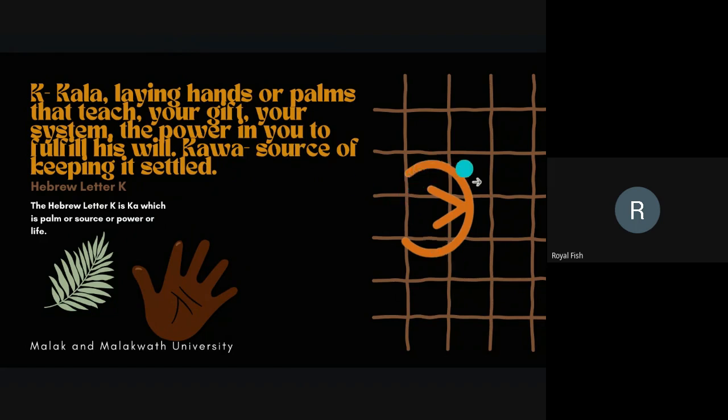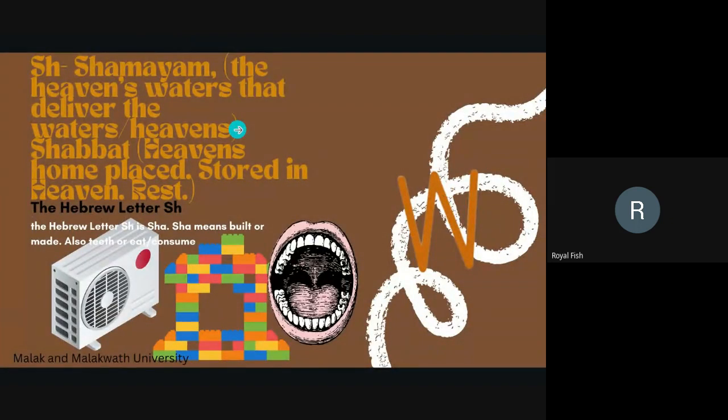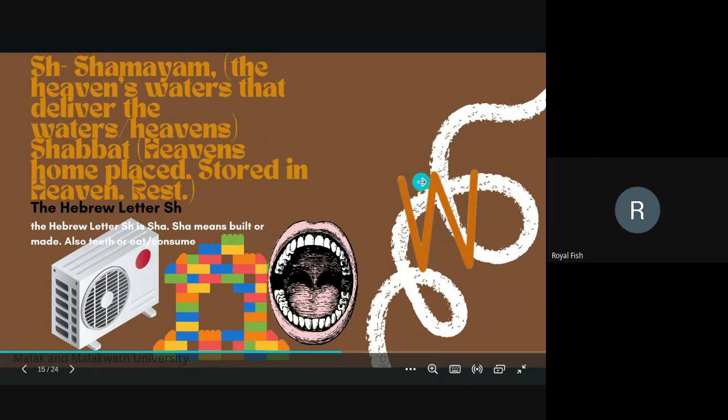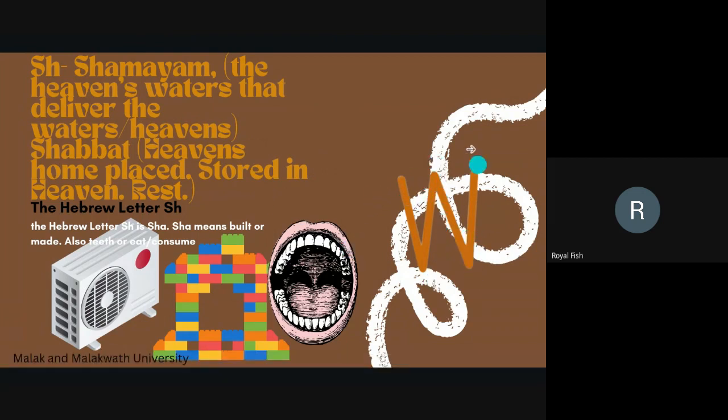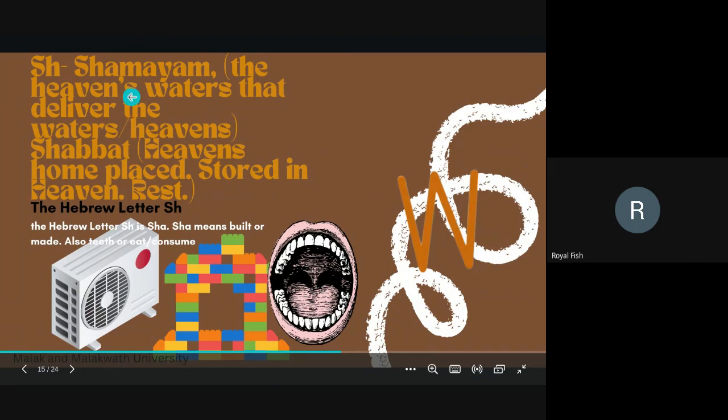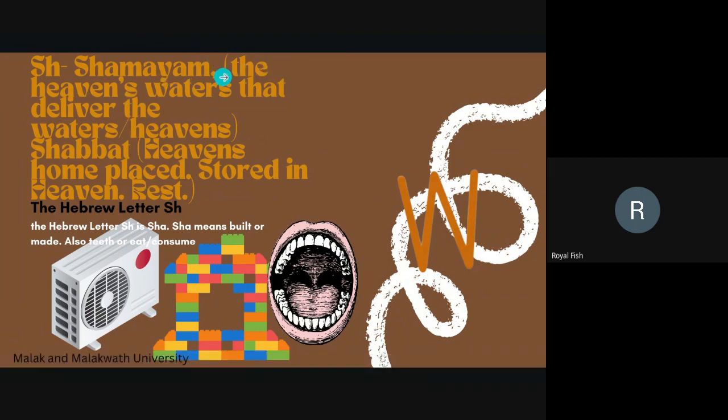So this letter is a backward C and then almost like a V in the middle. All right, so Shamayim. So our Hebrew letter Shah is represented by almost like a W. So Shemayim, the heavens, waters that deliver the waters or heavens.